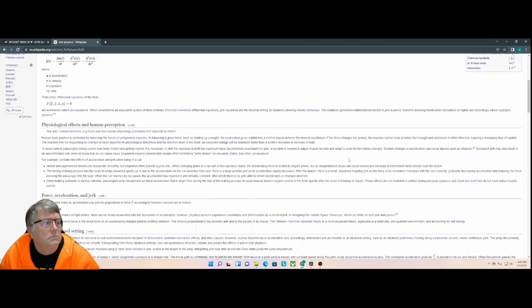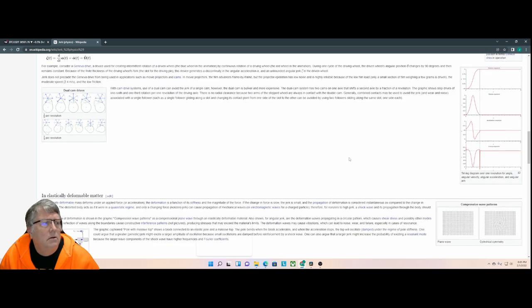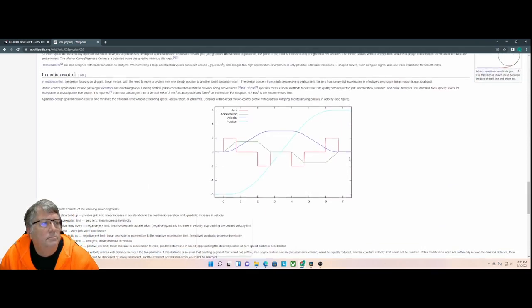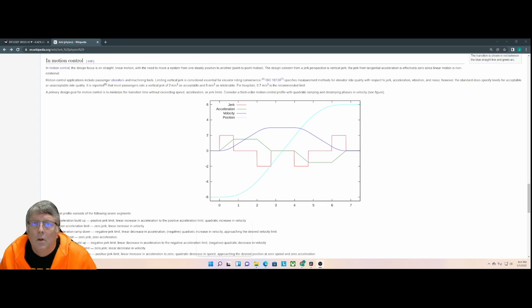So down in this article, there is a graph that explains what's happening very, very well right here. Now keep in mind that even though the article is about jerk, I really can't name an oscillator jerk. So I've chosen the word surge instead. And surge and jerk really are the same thing.